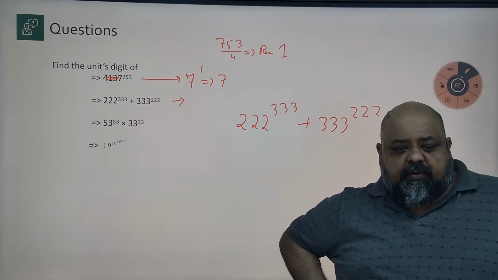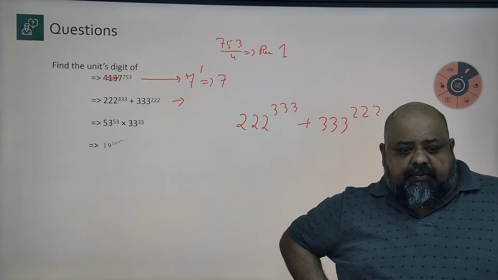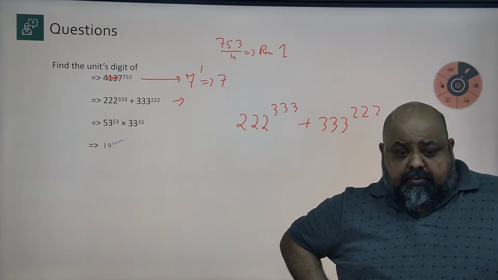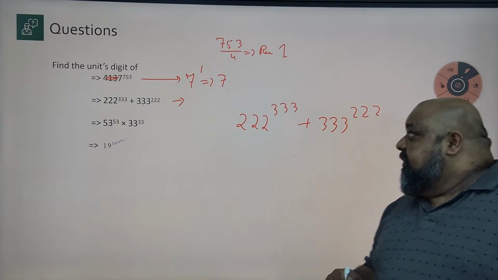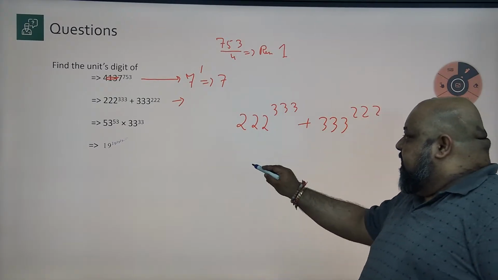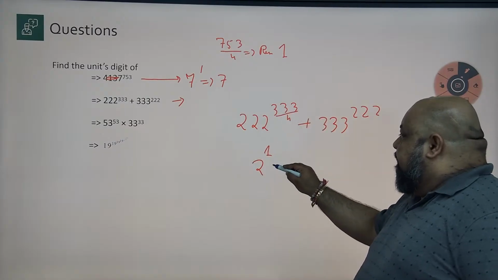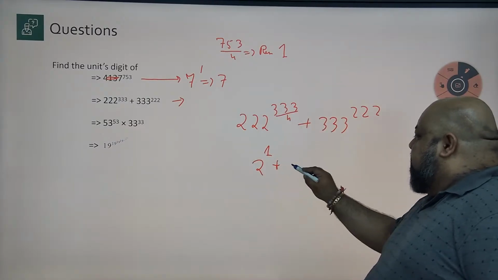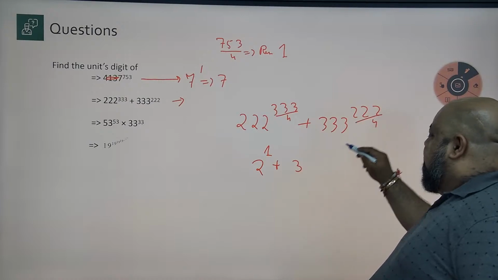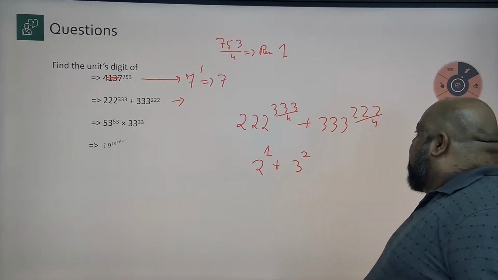Answer? One. Alright. So again, I just take this 2. Divide the power by 4. Remainder is 1. We take the unit digit 3. Divide this by 4. The power is 2.